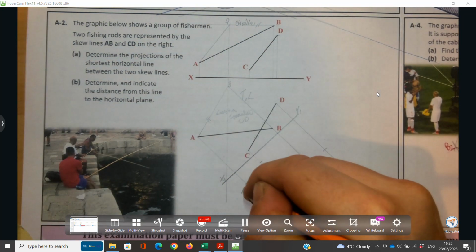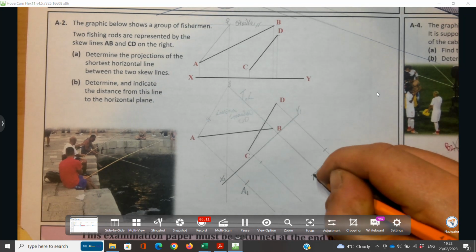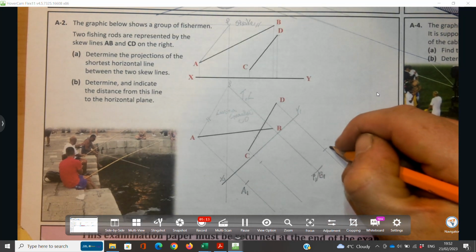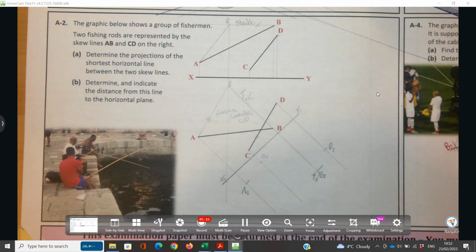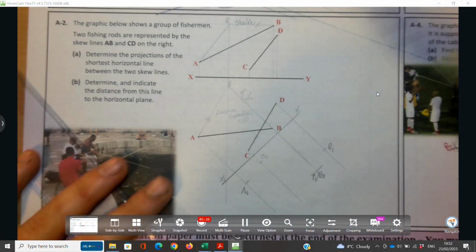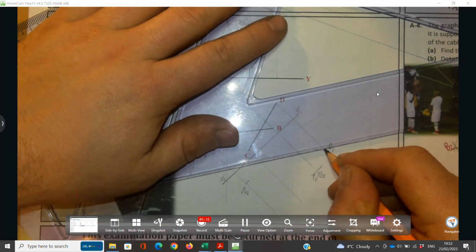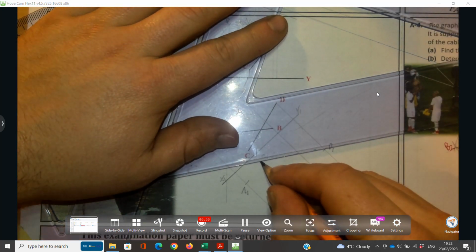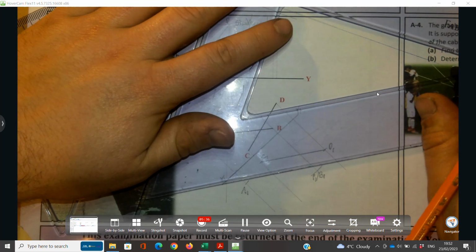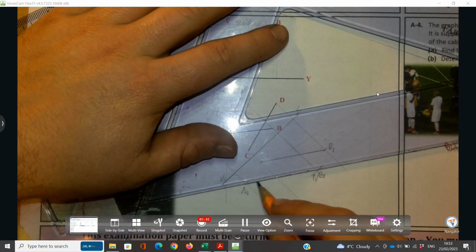So here's A1, here's B1, and P1 slash B1. Here's D1, C1. Now to join them together, C is going to join to D, and A1 is going to join to B1.